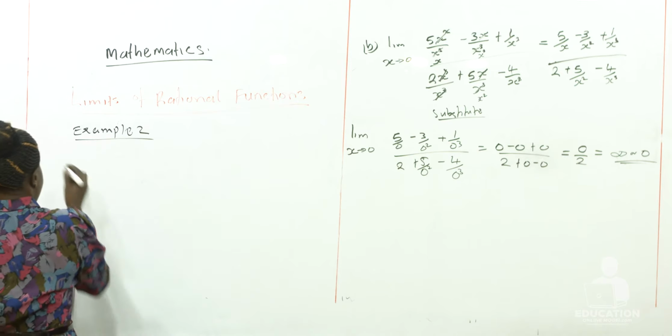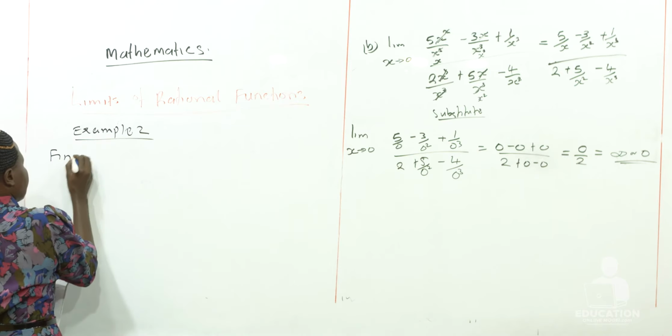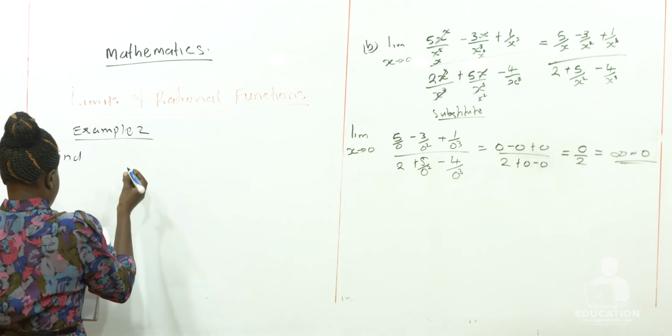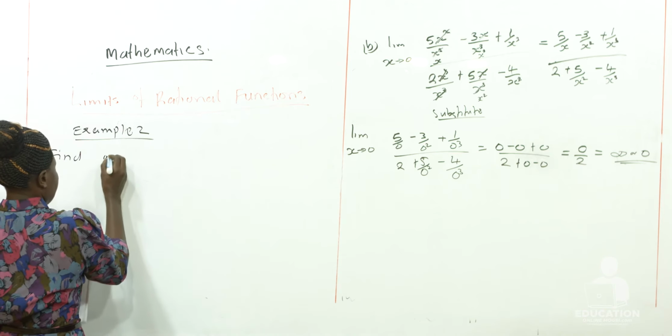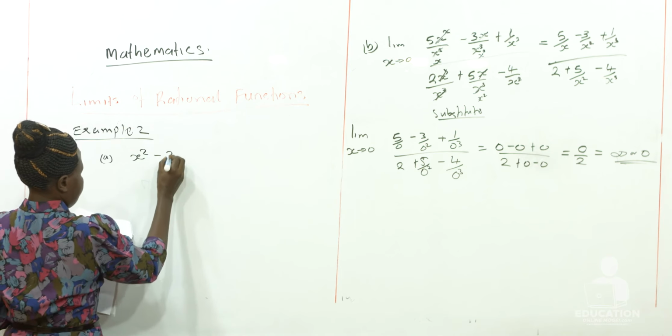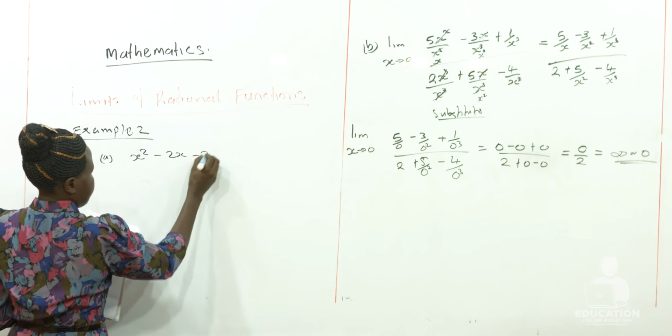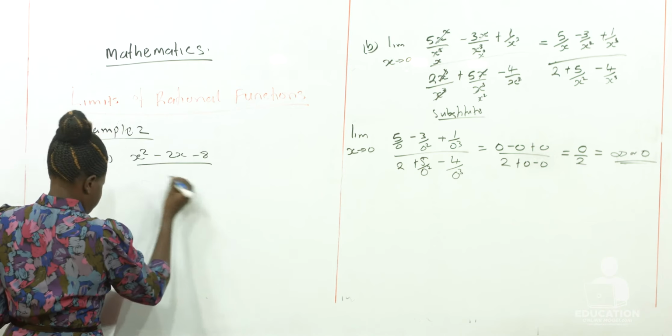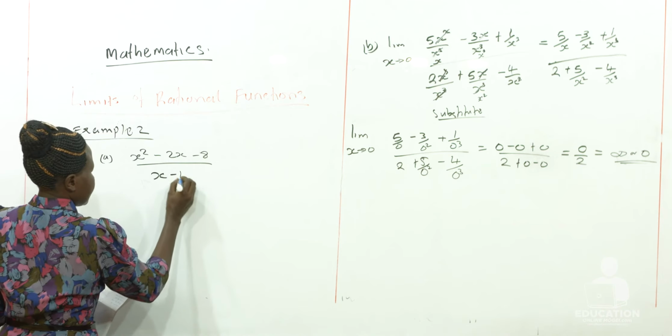Example 2 says find: A, the limit as x is approaching to 4 of x squared minus 2x minus 8 out of x minus 4.